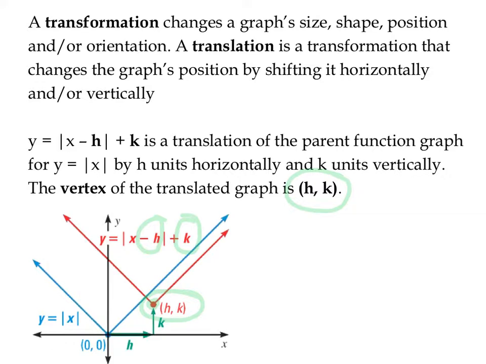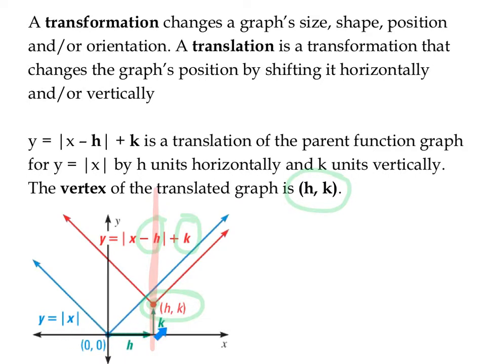Our axis of symmetry is always going to be this line that goes right down through the middle of the graph. So it's going to come right down through here. That's our axis of symmetry. The axis of symmetry is always going to have an equation of x equals h. It's going to be x equals whatever the h value is, because that's where our graph is shifted over to.